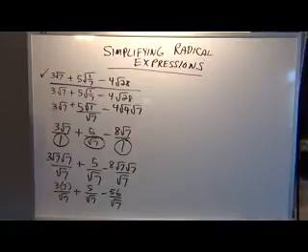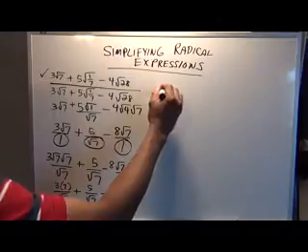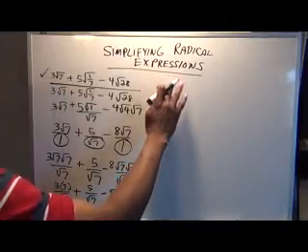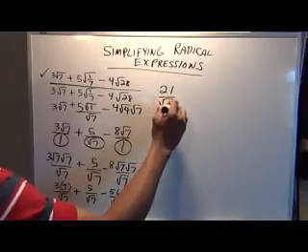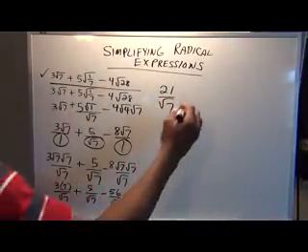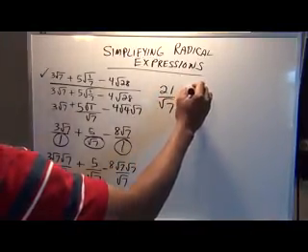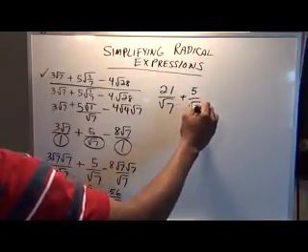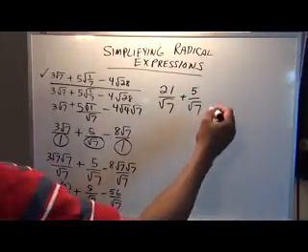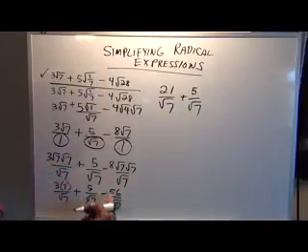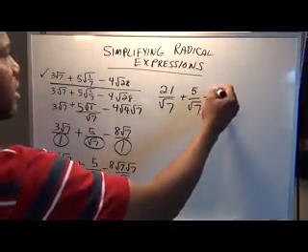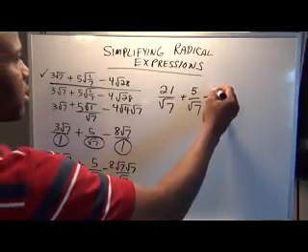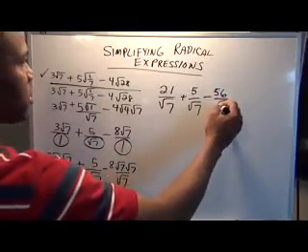Now, 3 times 7 is 21, so 21 over the square root of 7 plus 5 over the square root of 7 minus 56 over the square root of 7.